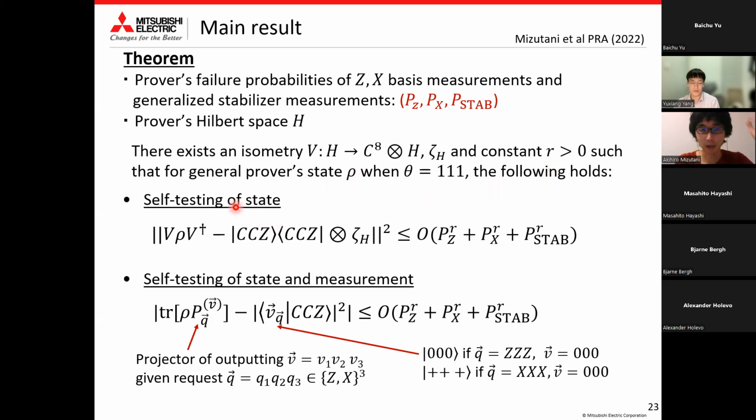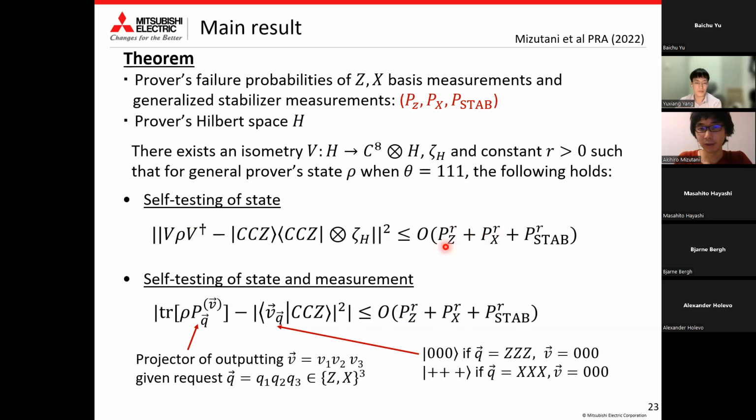As for the result of the self-testing of the state, by running the protocol, the verifier finds an upper bound on the trace distance between the prover's state and the ideal state. Here, V is the isometry that corresponds to the extraction operation of 3 qubits.